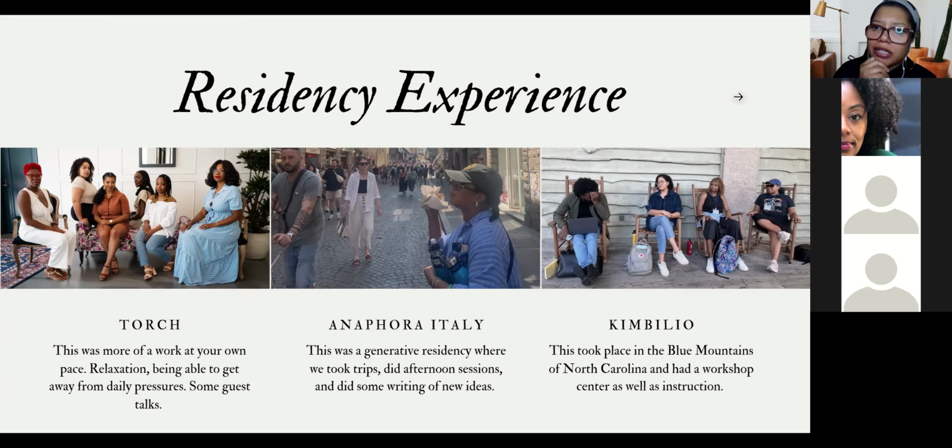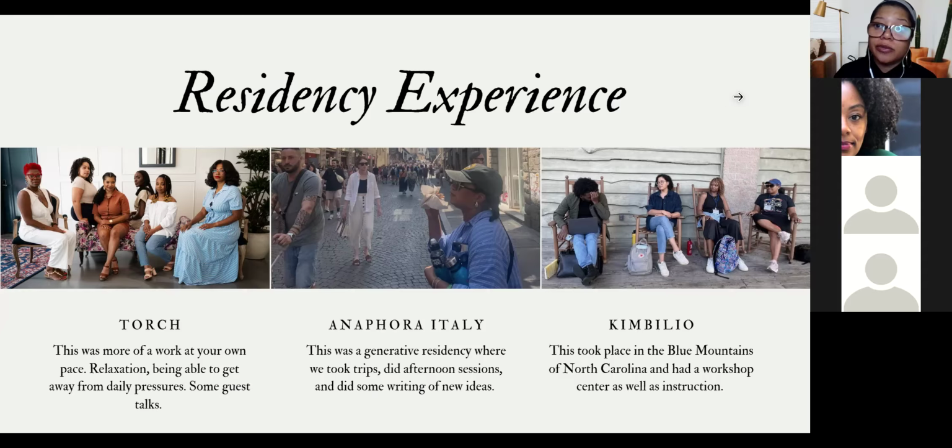We were at these two beautiful villas. We were supposed to stay at one villa, but there were some maintenance issues that needed to happen. And so we ended up having to be at two different villas that also had pool life and gardens. And at both of these residencies, we did stay with roommates. Actually, I think every residency that I attended, I had a roommate.